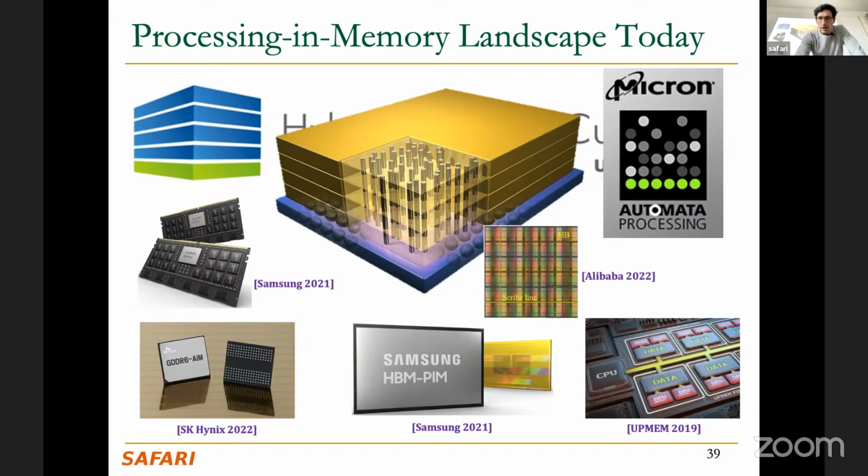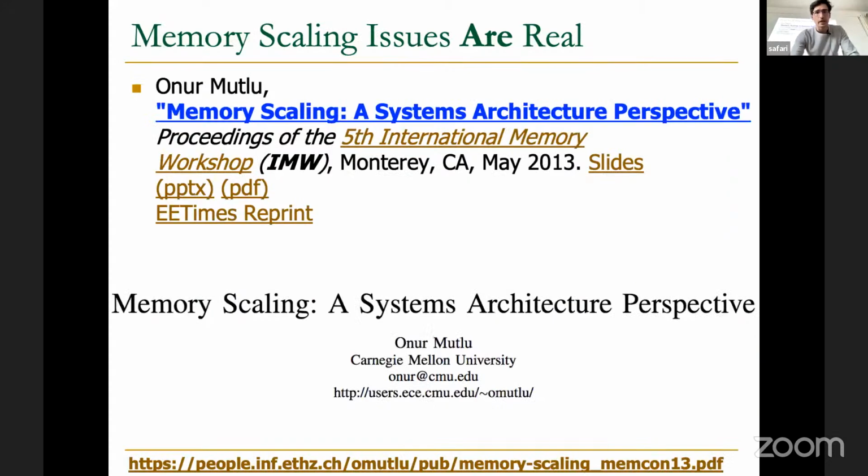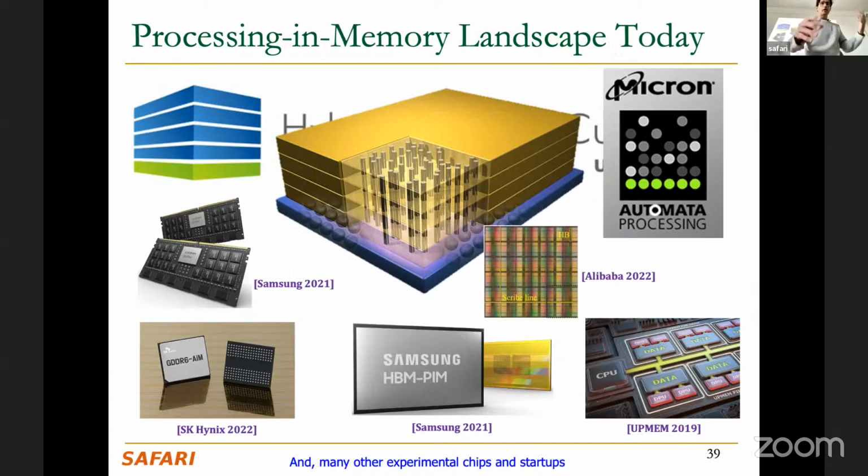And this is another example. I think we will have a later slide as well. This one is from Alibaba, a processing-near-memory accelerator for recommendation systems. But as I said, these innovations, such as the ones in the previous slide, by the way, I mentioned here 3D stack memories, but I forgot to mention non-volatile memories as well.